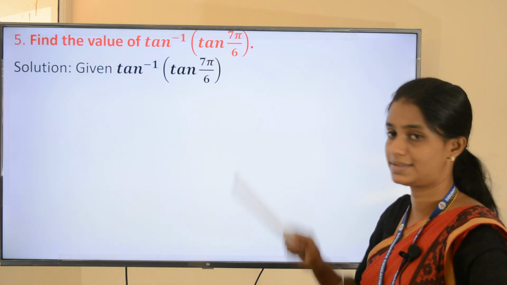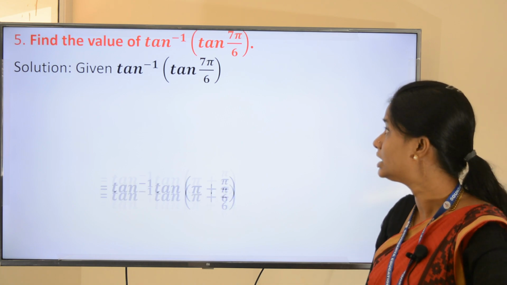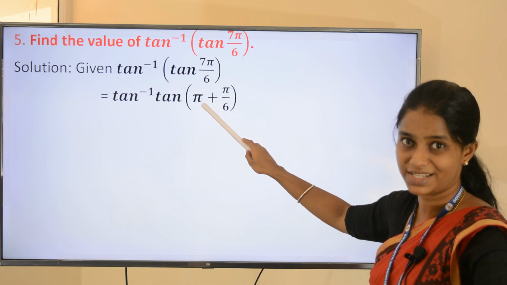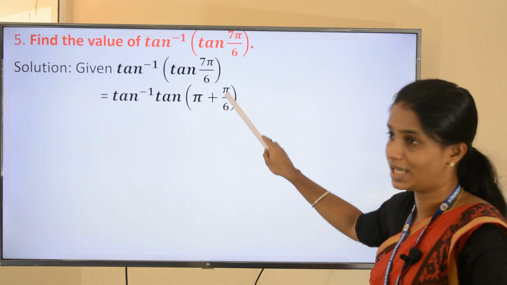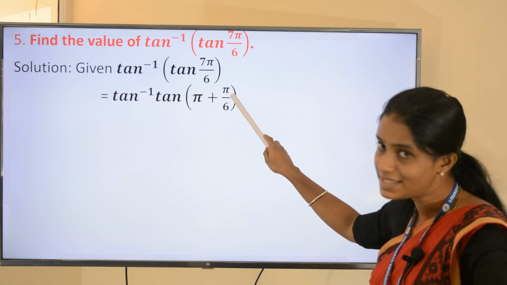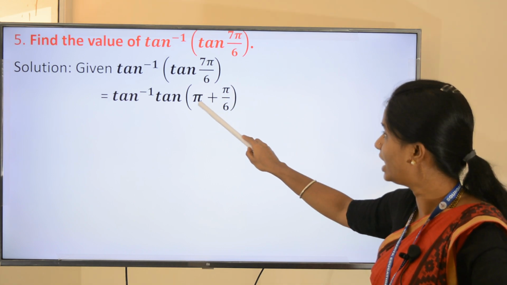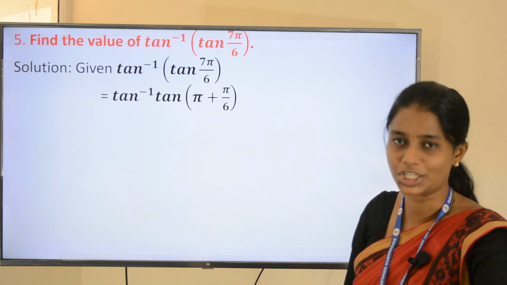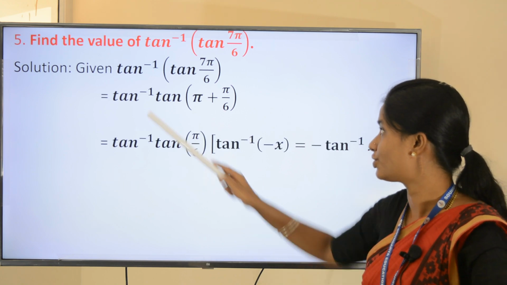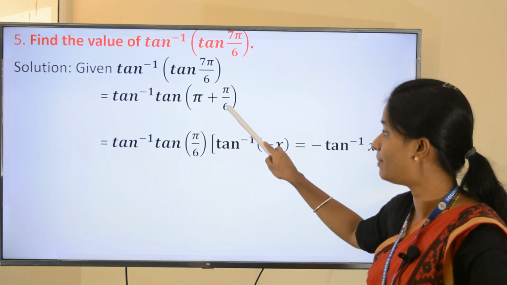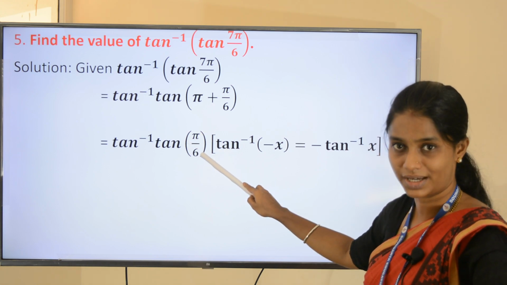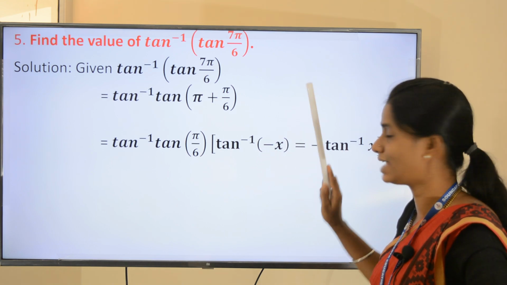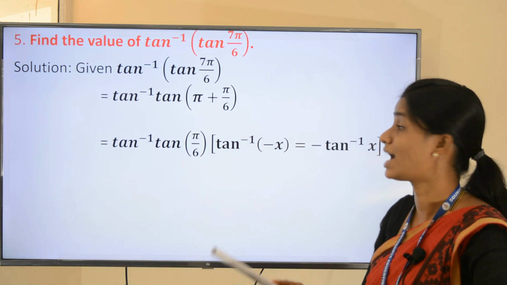So we have to simplify this function using properties of inverse trigonometric functions. Now how can I write 7 pi by 6? This lies in the third quadrant, students. 7 pi by 6 can be expressed as pi plus pi by 6, 180 plus some angle. In the third quadrant, is the tan trigonometric function positive or negative? Yes, it is positive. So tan of pi plus pi by 6 is equal to tan pi by 6. Now can I use the property tan inverse of minus x is equal to minus tan inverse x?